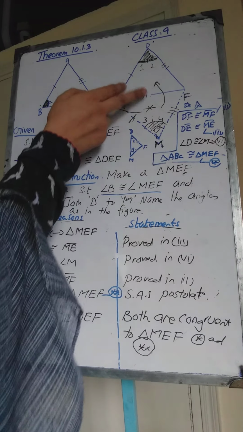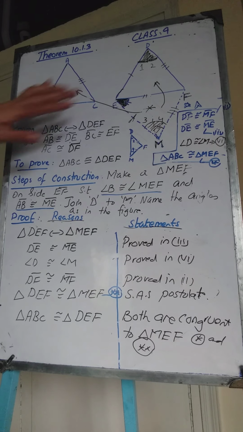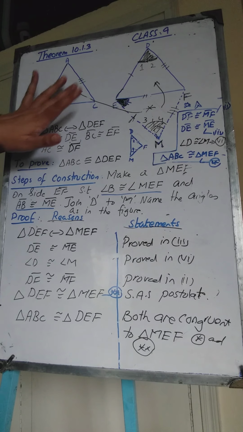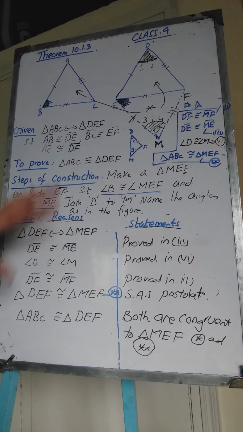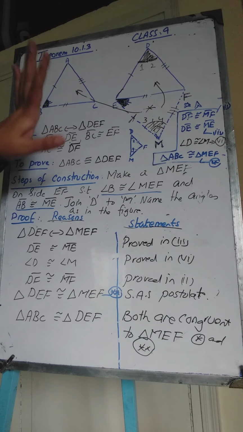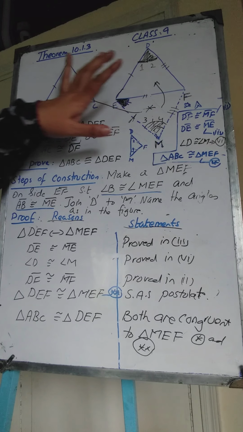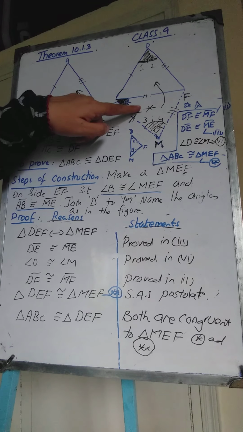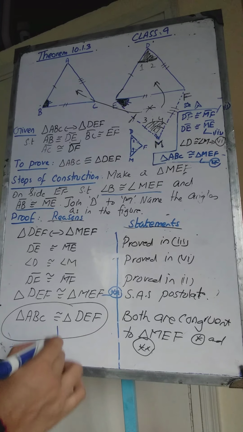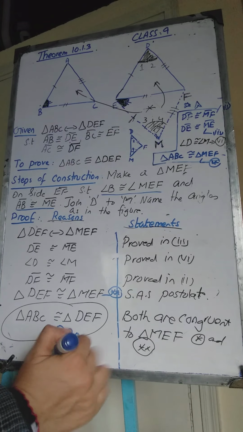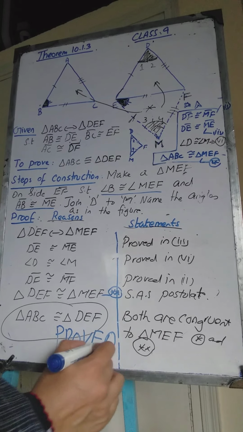Then we proved the congruency of these two triangles with the help of SAS postulate. So both these triangles were congruent to the same triangle MEF, and this is only possible if both the triangles are congruent. Otherwise MEF cannot be equal to two different triangles. So this is what we needed to prove, that triangle ABC is congruent to triangle DEF, and this ends the theorem.